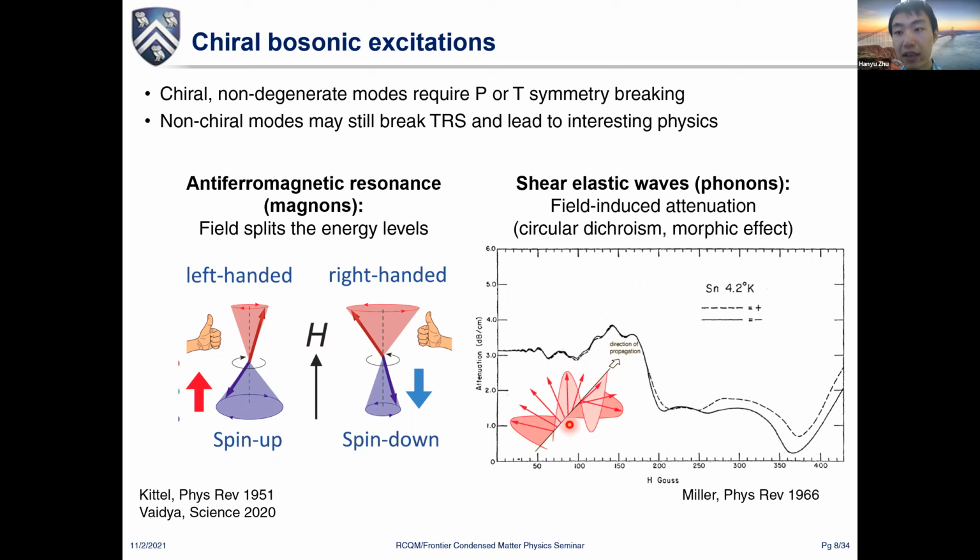And in metals, the ultrasound attenuation is different for left and right circularly polarized ultrasound under a magnetic field. In optics, a similar phenomenon is called circular dichroism, but in the field many years ago, it was more called the morphic effect.